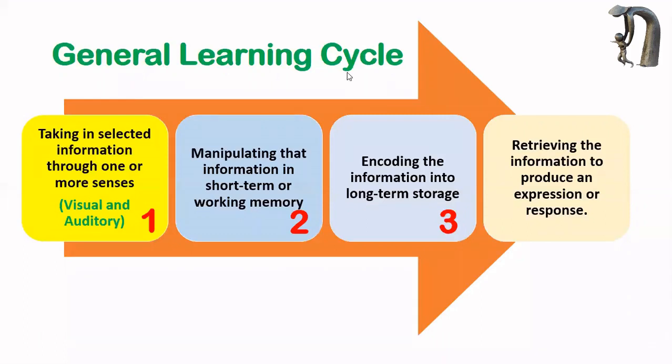Okay. And then the fourth one is retrieving the information, as I said, to produce an expression or a response. So it's very simple. It's very clear how this learning cycle works in the child's brain or a human brain. Okay.